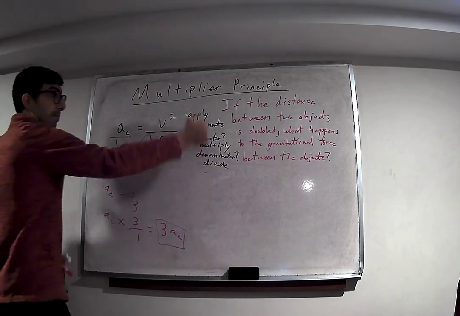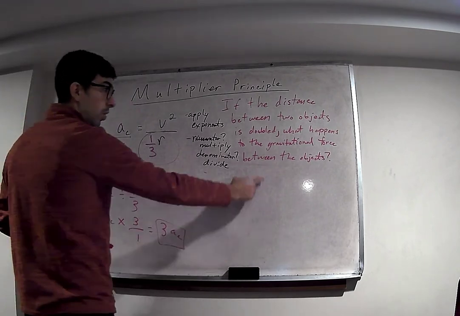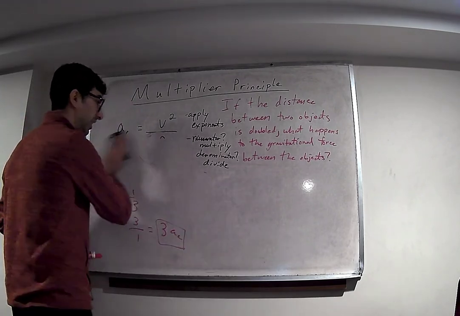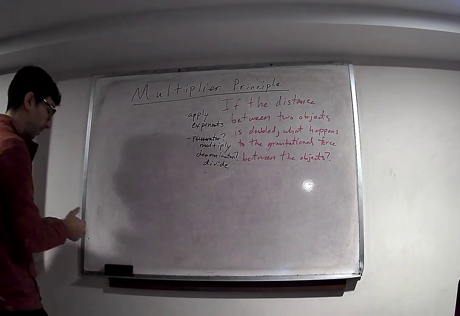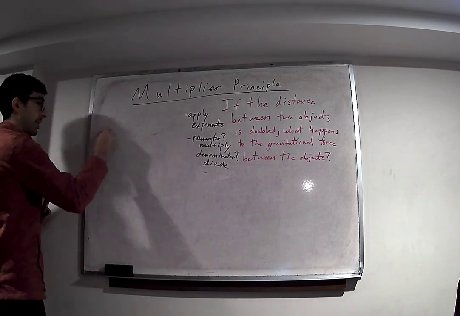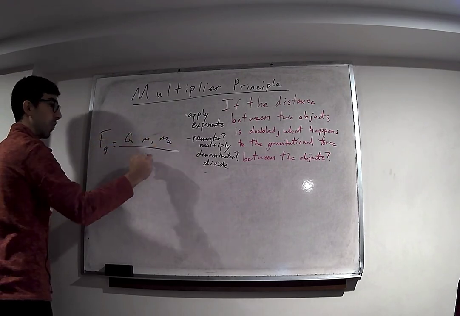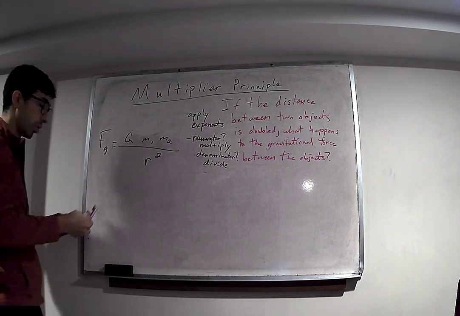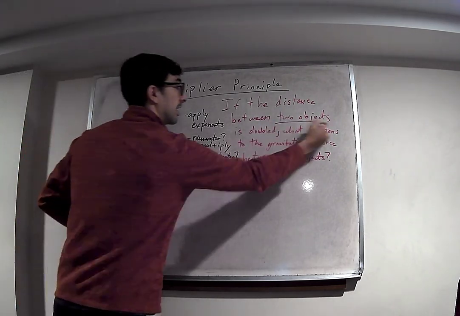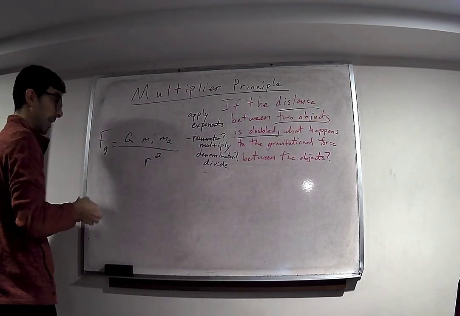That brings us to a problem like this. If the distance between two objects is doubled, what happens to the gravitational force between the objects? Well, how do we calculate gravitational force? Gravitational force is G m1 m2 over r squared. What did we change? We doubled our distance. So we're going to take our distance and multiply it by 2.